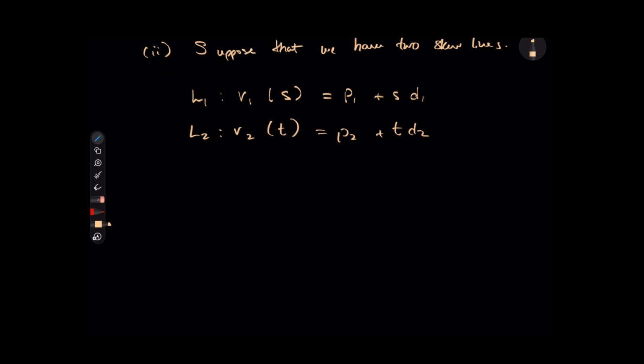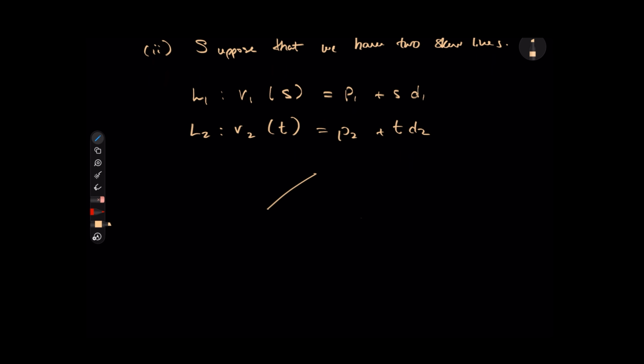We are saying that the shortest segment that connects both of them is what we want. This is the perpendicular. Suppose I have some skew line here. I don't want this one, I want the shortest distance that connects both of them.